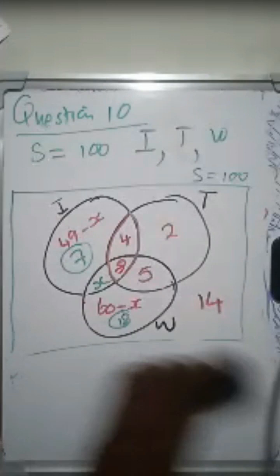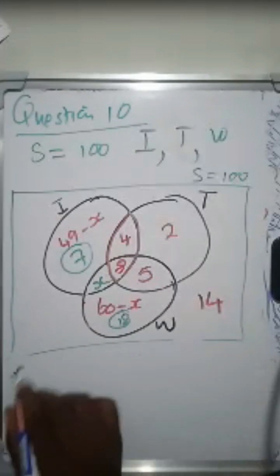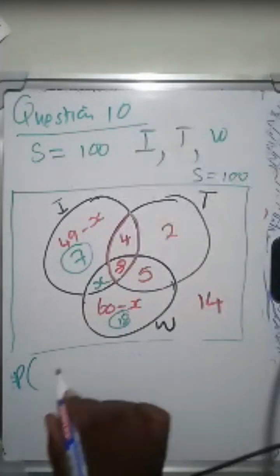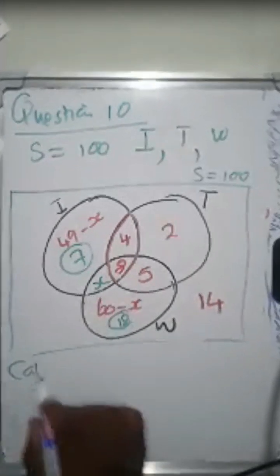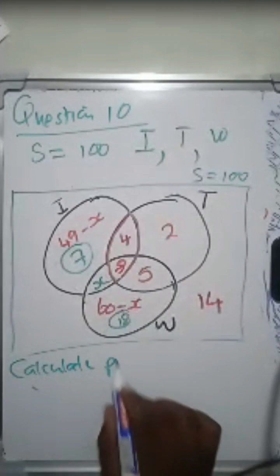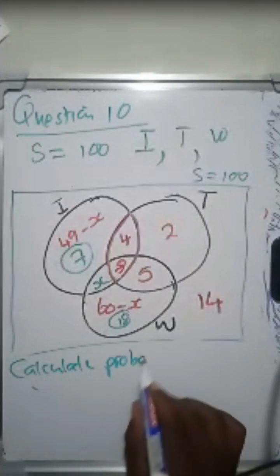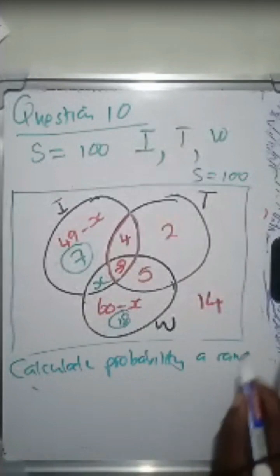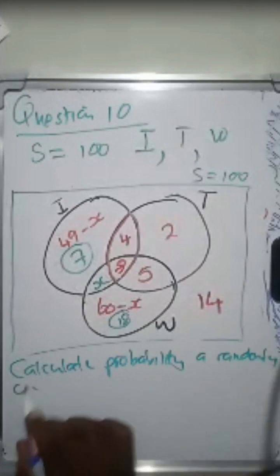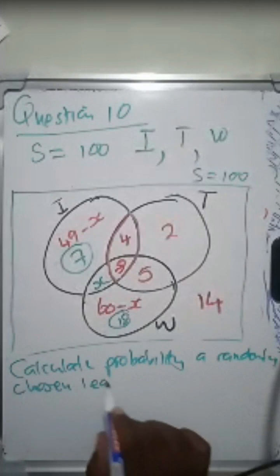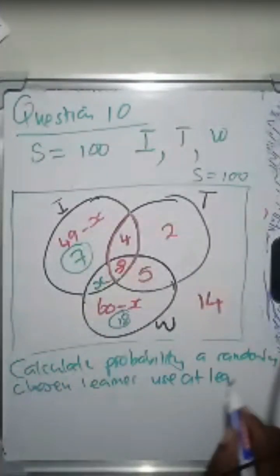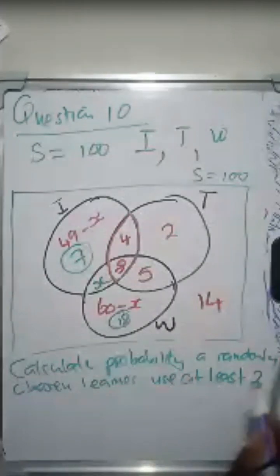Let's move on to the next. Calculate the probability that a randomly chosen learner uses at least 2.